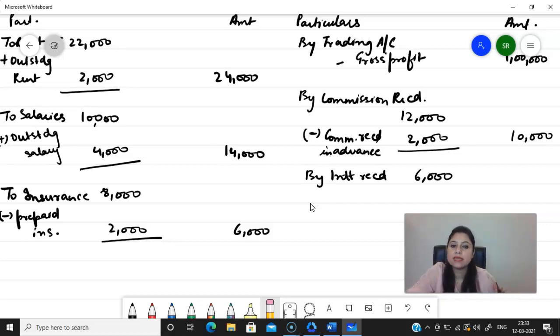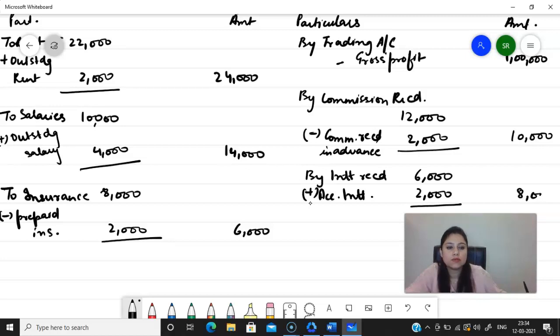So with the interest that has been received, we will be adding the accrued interest, as any income that is due but not received still becomes part of the income for the business and is recorded in the profit and loss account. So here we will be adding the interest amount, and thus the total for interest comes to 8000.